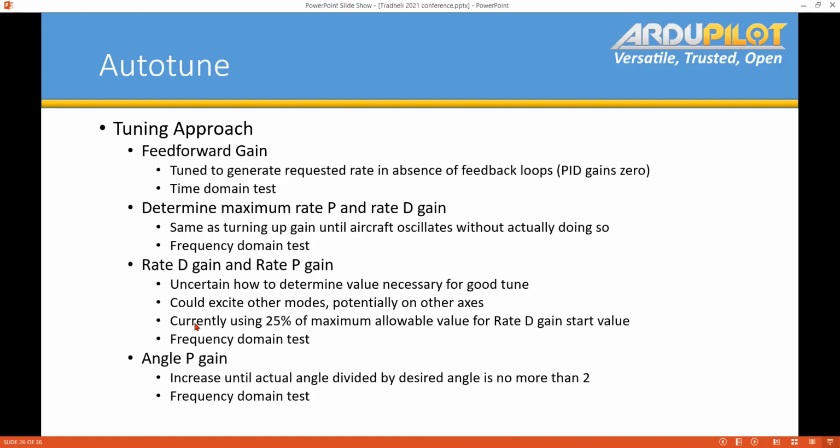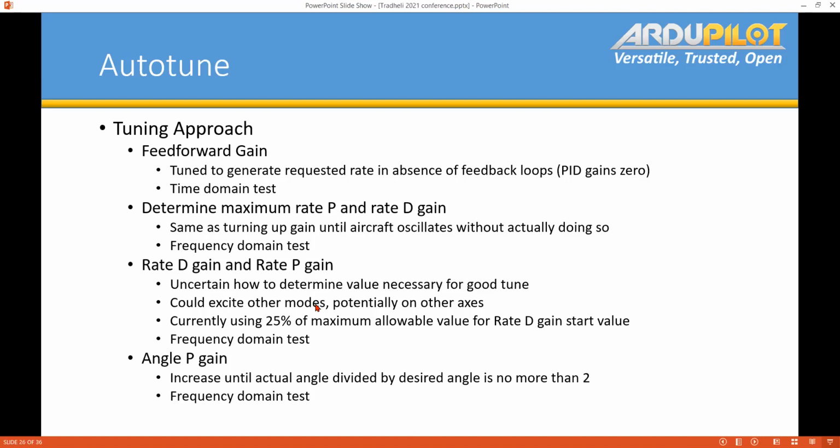I've found that a good starting value is about 25% of the maximum allowable for the rate D gain. But really, I haven't come up with a good process yet to determine the optimum rate P or rate D gain. The other thing is you could excite other modes.